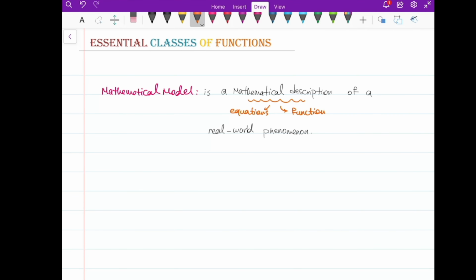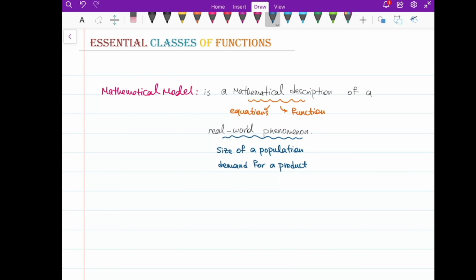So we use equations, we use functions to basically describe, for example, a real world phenomenon like the size of a population of a city or a country, or we can talk about a demand for a product.